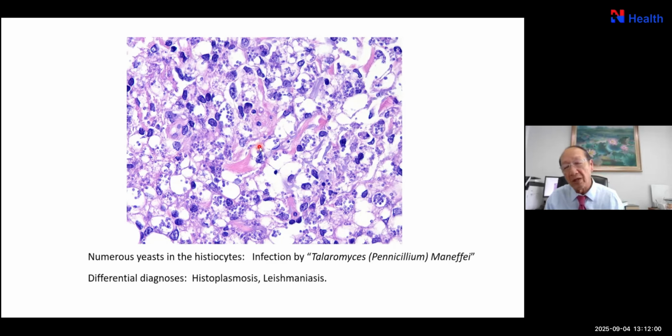People went to the Middle East to have a job and then come back and carry something back home. Just be aware of those. Leishmaniasis will stay negative for GMS and PAS. If you have something like this and PAS negative, GMS negative, and the lab says no, this culture is no problem, you have to think of this as leishmaniasis.